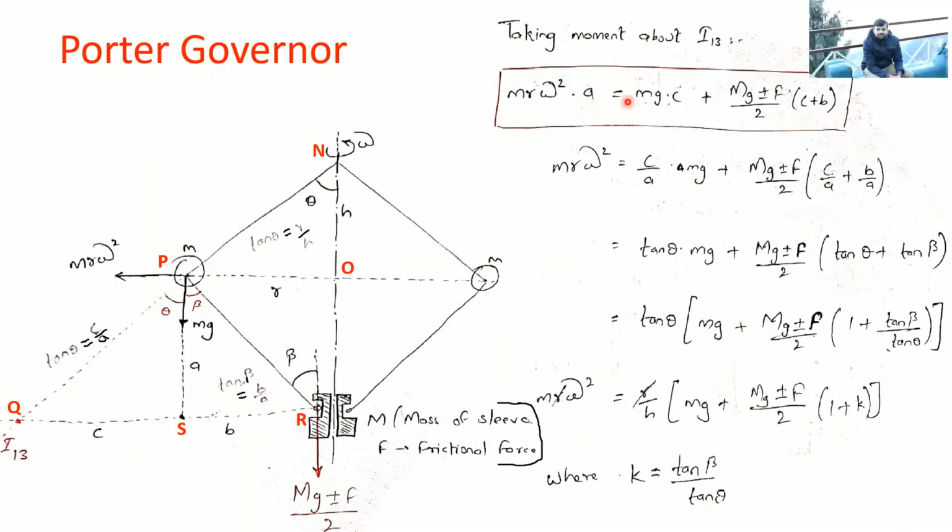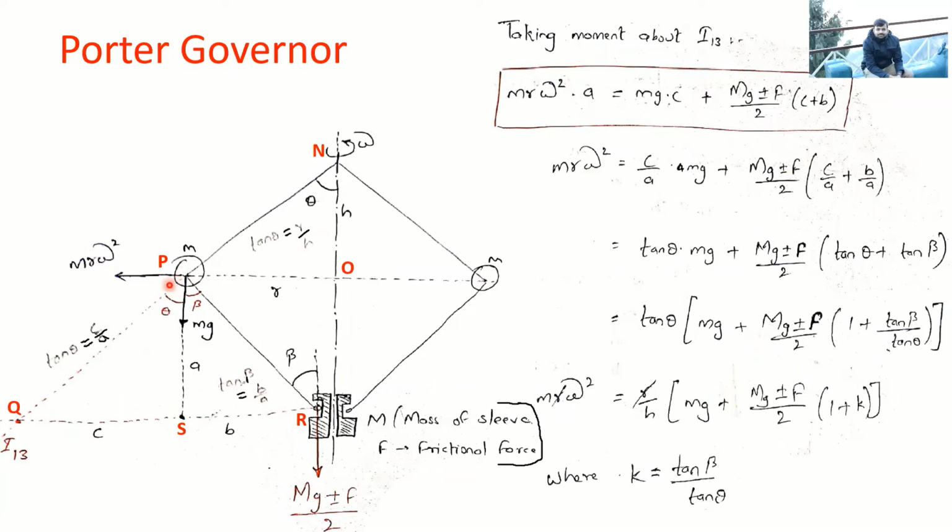So now this a comes to the RHS, and we see that m r omega square is equal to c by a multiplied by mg plus minus f by 2, and this a is taken inside the bracket and it becomes c by a plus b by a. Now this c by a, look at this triangle carefully.